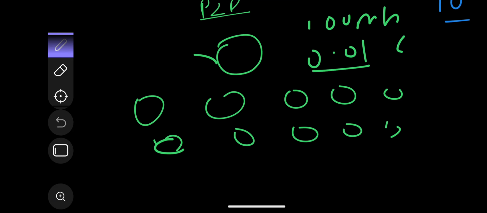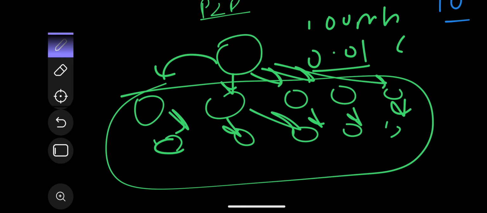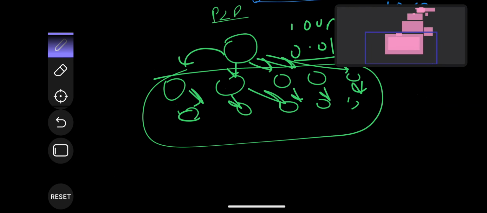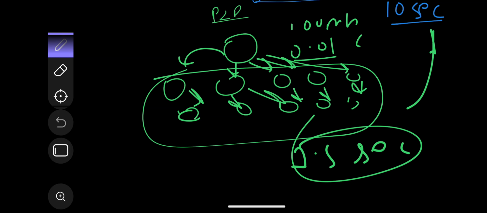So it is going to give to this, then this, then this, then this. Similarly, after that it is going to transfer to this, and this. So this way the whole process is only going to take a total of hardly 1.5 seconds.